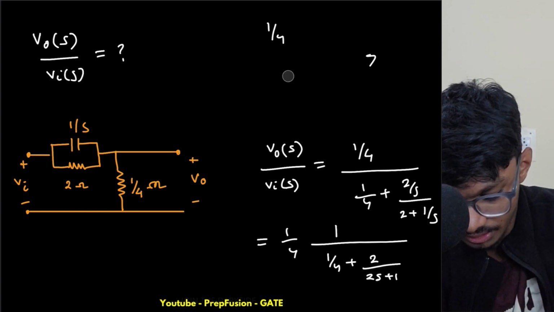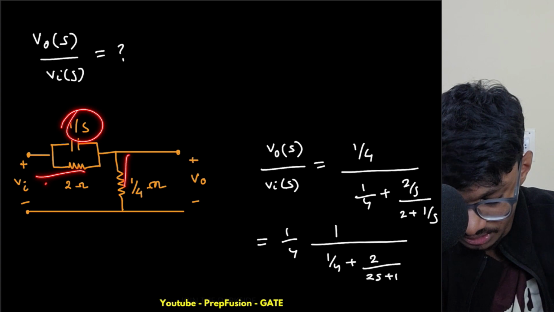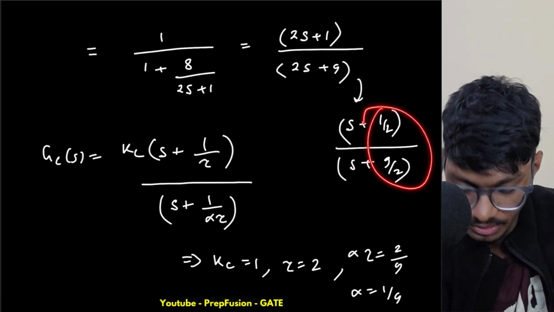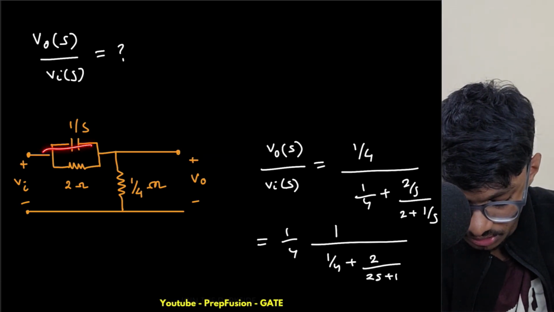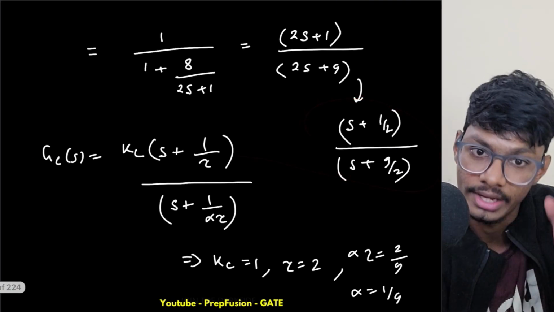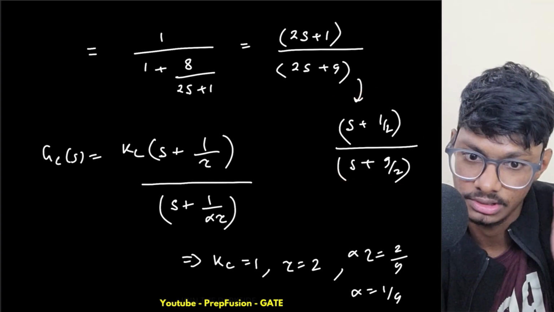So that is fine. At high frequency, the capacitor gets short circuited, so Vi will be equal to Vo. This is also satisfied. From here you can cross check whether you have written your transfer function correctly or not.